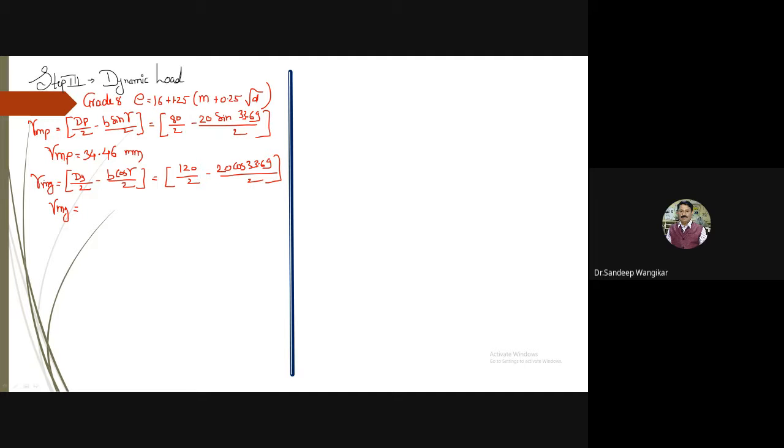I will highlight the values in between. So here you will get this is the value for RMP for pinion, and here we are calculating the value for RMG for gear. So let me know the value for RMG for gear. 51.67679. Okay, so I will say my value as 51.68 millimeters.